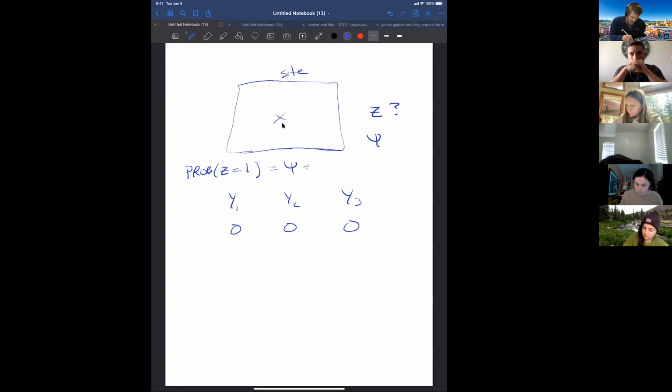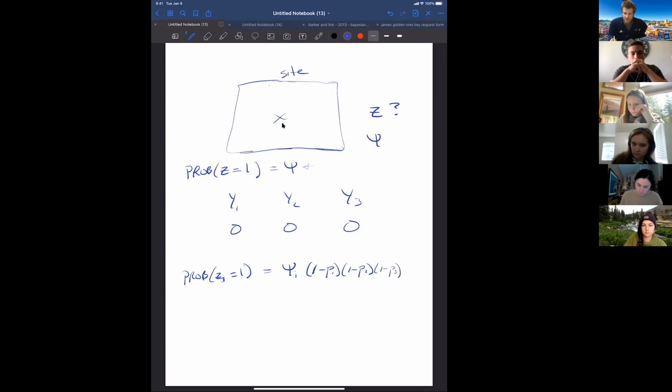So the probability that this specific site, let's say site 1, Z1 equals 1, equals not only the overall occupancy probability, but also the occupancy probability plus the information that we visited 3 times and we didn't see it.